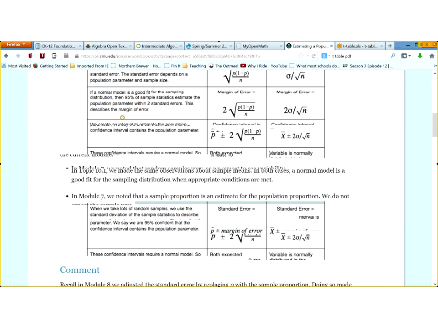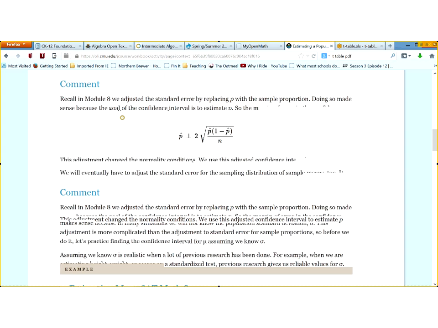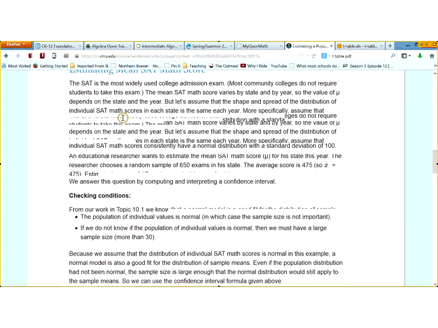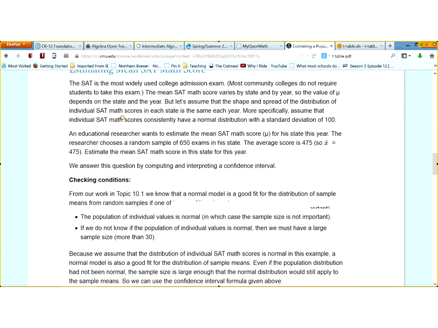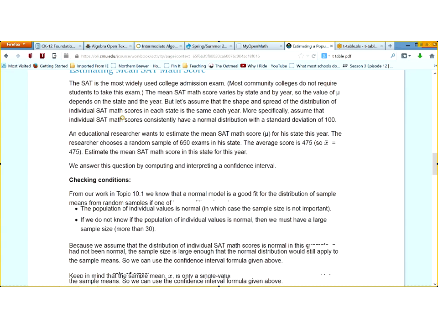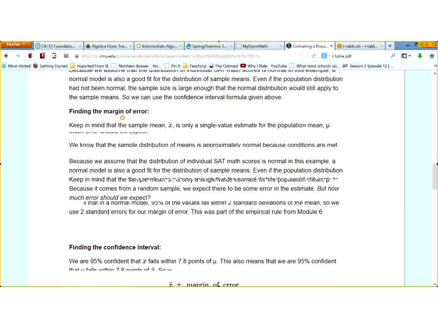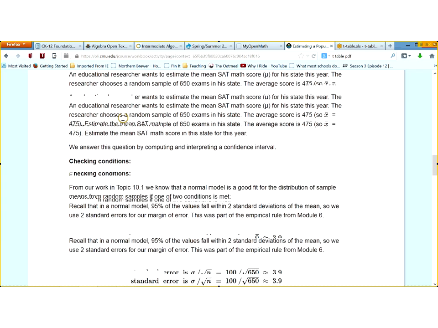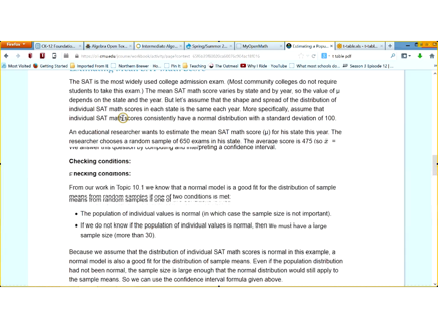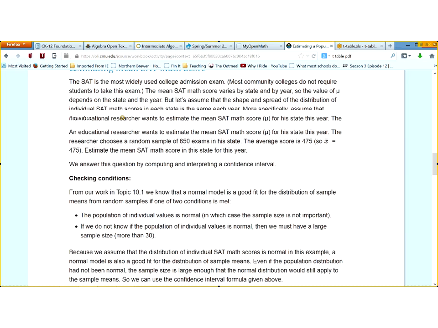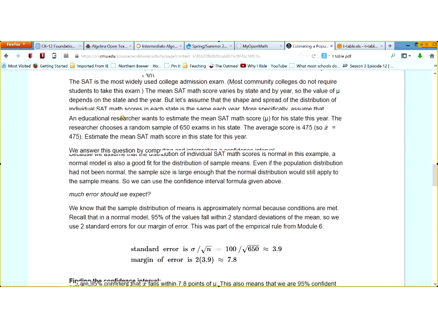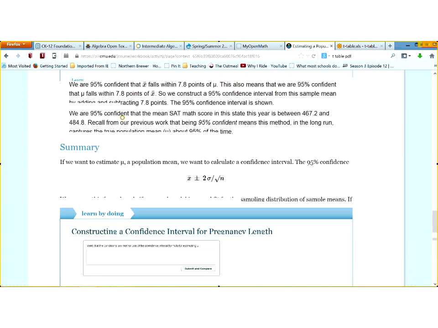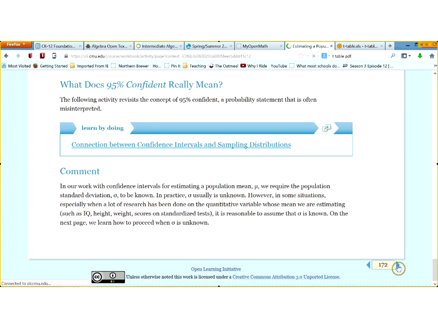This is the concepts, but let's see here. Oh, here we go. And in this case, actually, they make an assumption about this sigma. So let's not do this example. My apologies. Let's go on to the next answer.